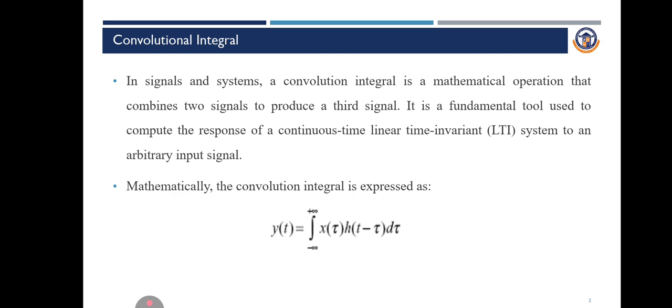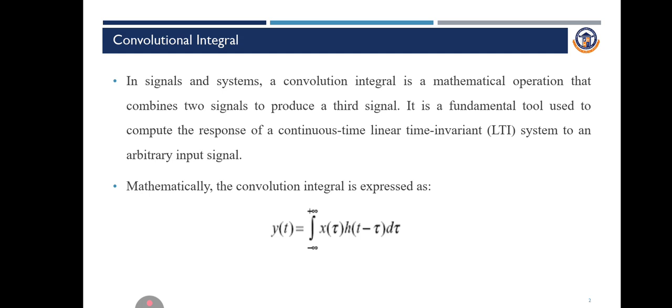The overlap between the two functions can be evaluated by the convolution integral, which is a generalized product of two functions. When one of the functions is reversed and shifted, the convolution of the two functions produces a separate third function that describes how the first function modifies the second one.